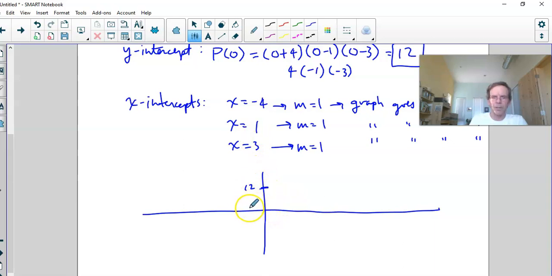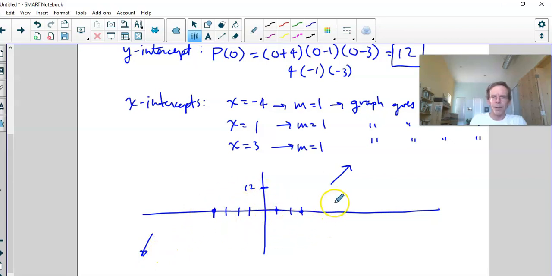So on the x-axis, we've got an x-intercept at -4, an x-intercept at 1, and then at 3. I'll put the numbers in later. And we know that it has to go up really far to the right, and it has to go down way over on the left side.